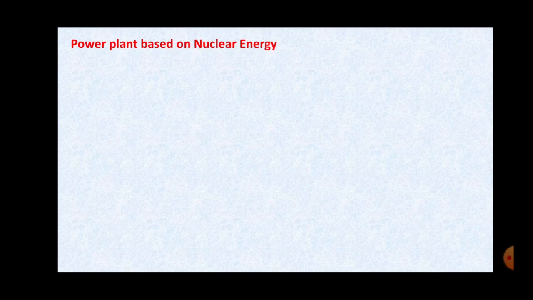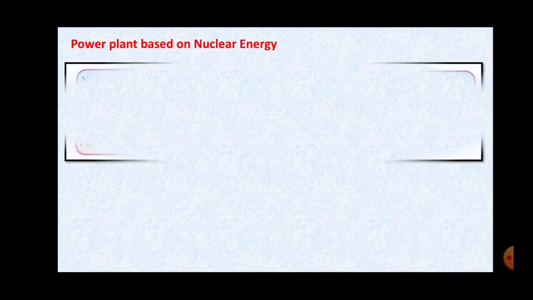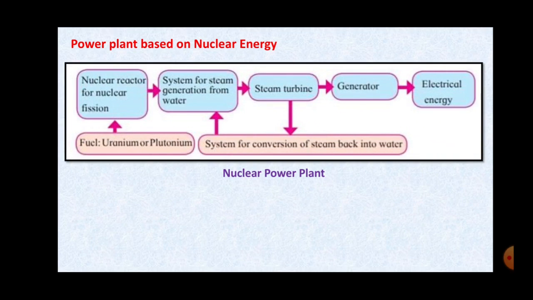Now the second one is the power plant based on nuclear energy. Here the steam turbine is used to rotate the generator, but here the energy is released from the nuclear fission of elements like uranium or plutonium, which generate the steam at a very high temperature and pressure.